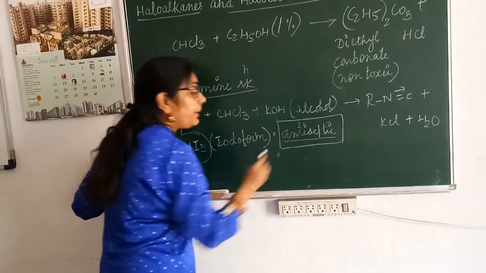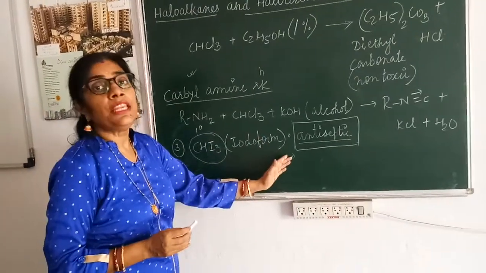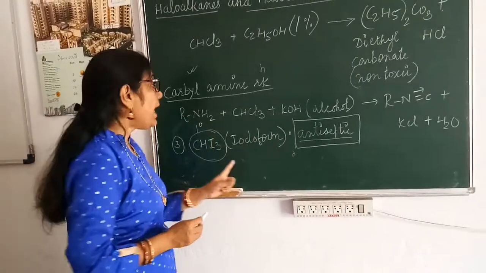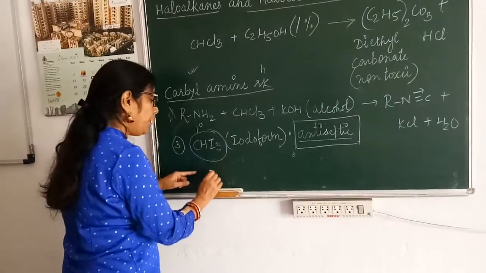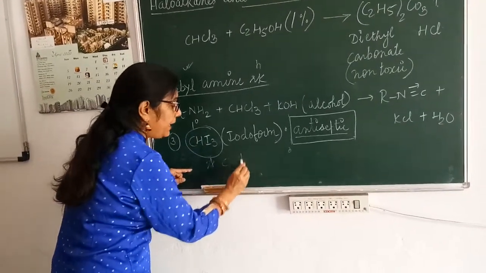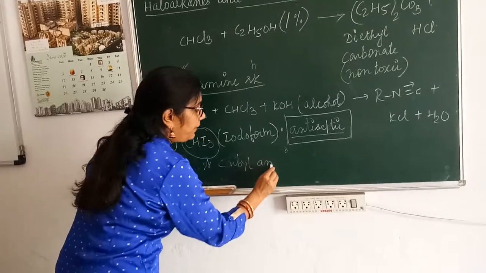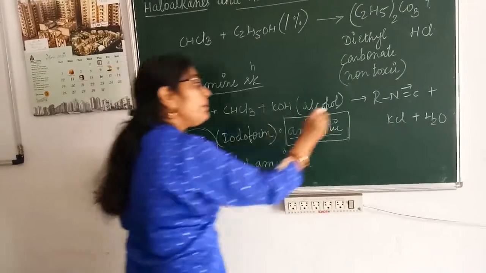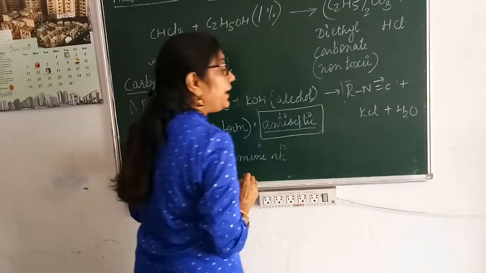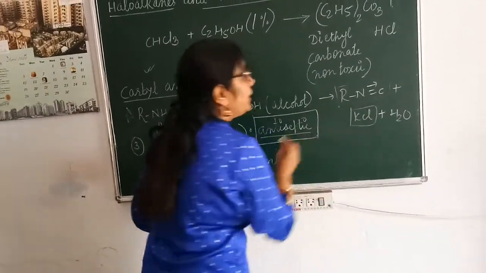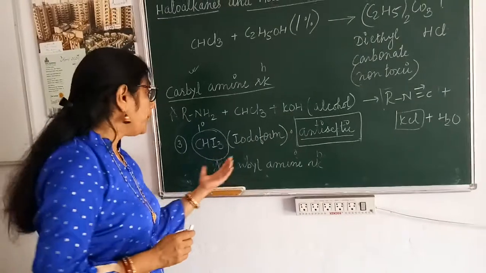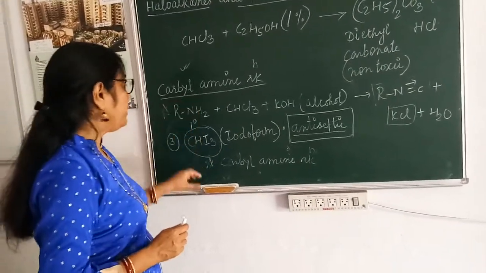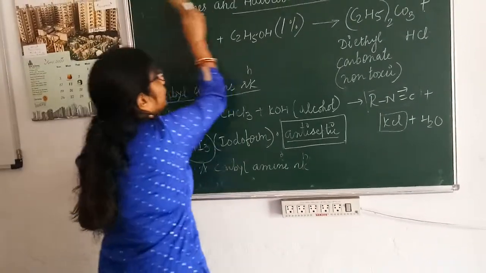One will be antiseptic and the second you can write is pharmaceuticals. Apart from that, iodoform will also undergo the carbylamine reaction. The major product will be the same, isocyanide, but here instead of KCl you are going to get KI, because it is iodine here and it was chlorine before.